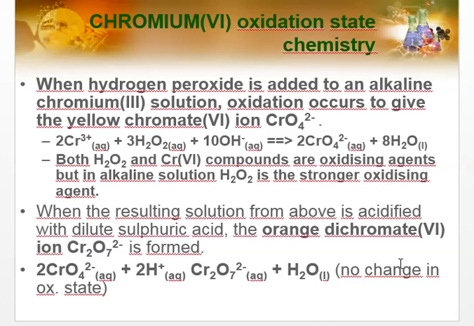But in this reaction, chromium will not change its oxidation degree. Why? Because chromium in this compound also has plus 6 oxidation degree, and the dichromate anion has plus 6 oxidation degree, of course.